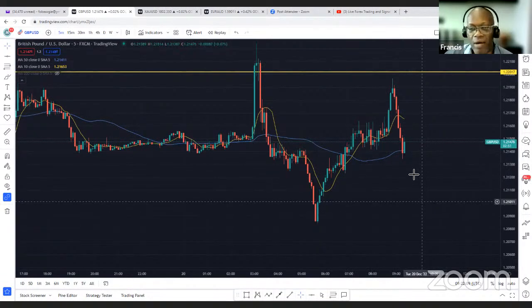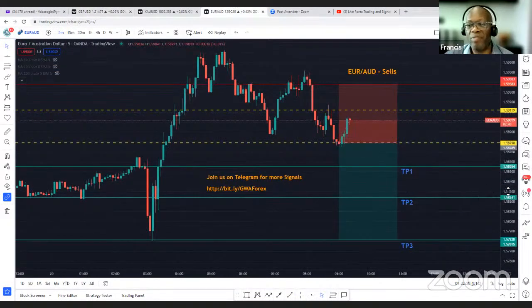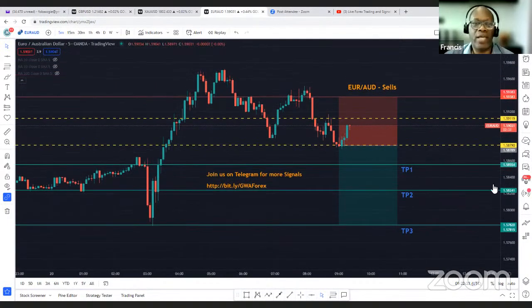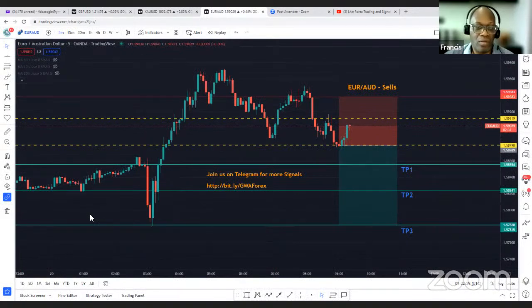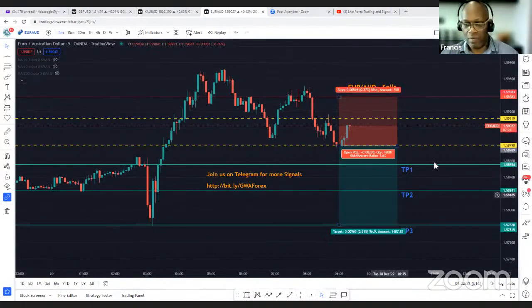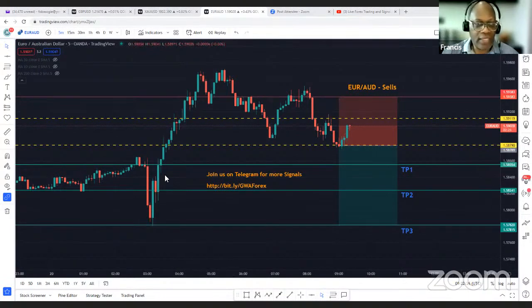With GU, I'd prefer to wait for a few more data, meaning a few more candles to form on there, before doing anything with it. Okay, guys, it's time to call it a day. We've spent some time here.